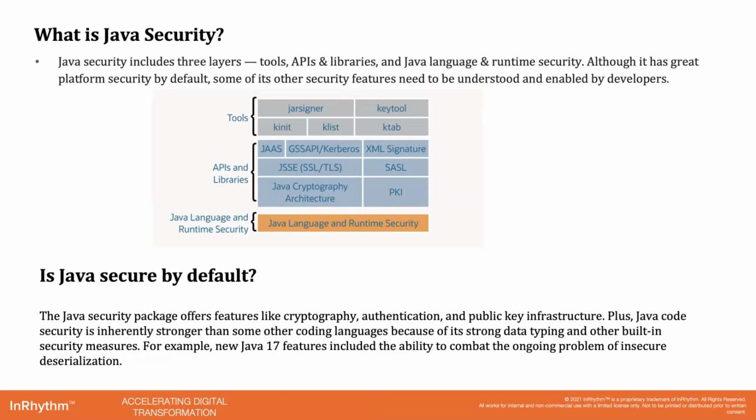Most fintech companies use Java as their main application development language. For example, new Java 17 features include the ability to combat the ongoing problem of insecure deserialization. Now it depends on how well we utilize these features and packages to make it more secure.